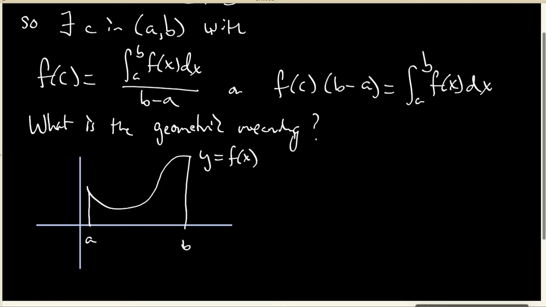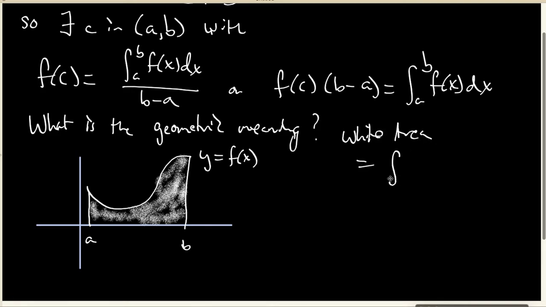And I kind of want to think in terms of looking at this area that I'm shading in white. And that area, of course, is known to be the integral between a and b of f of x dx. Now, what I want to do next is think about what this particular side of my equation is.